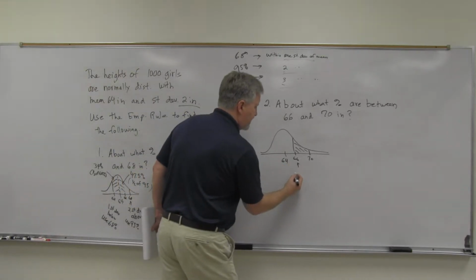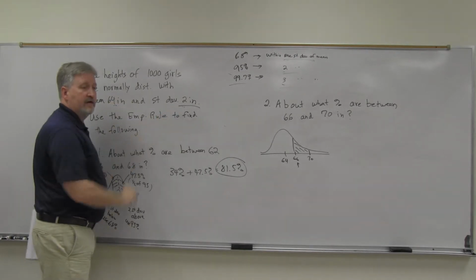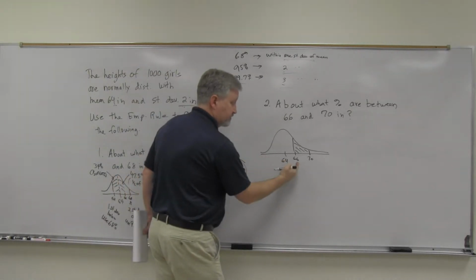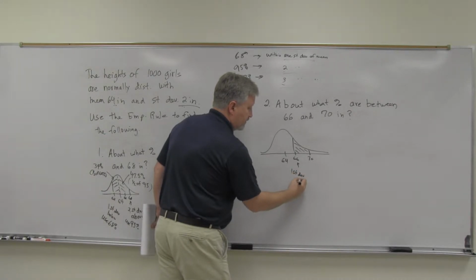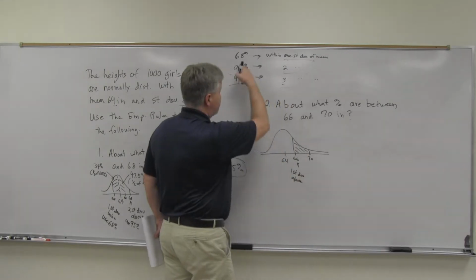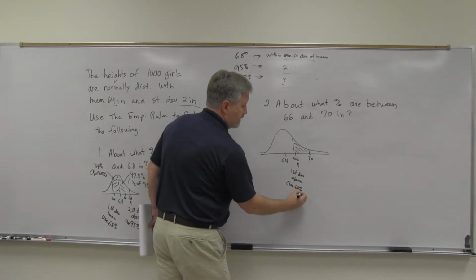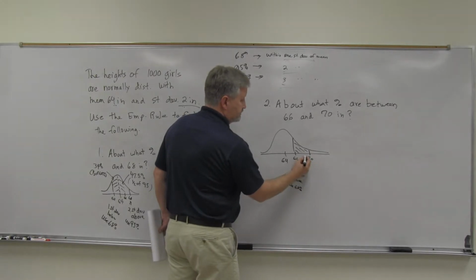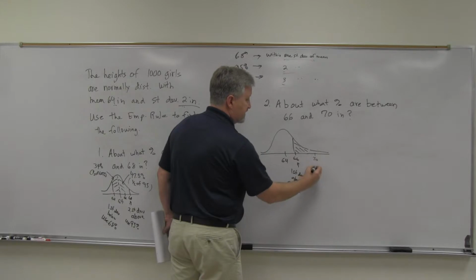Remember the standard deviation is 2, and so 66 would be 1 standard deviation above. That tells me to use the 68%. And then 70, how many is 70 away?